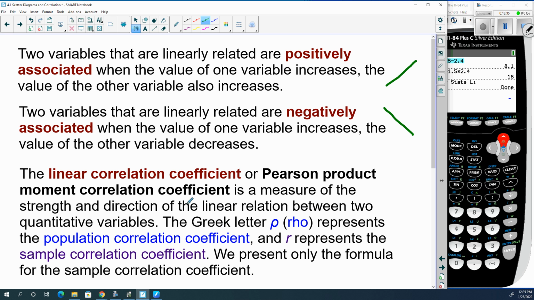If we used data from every single person in the population, we would call it rho. But most likely we're going to be using r, the sample correlation, because usually we don't have the whole population and we just take a sample. So we use r to represent the correlation coefficient.